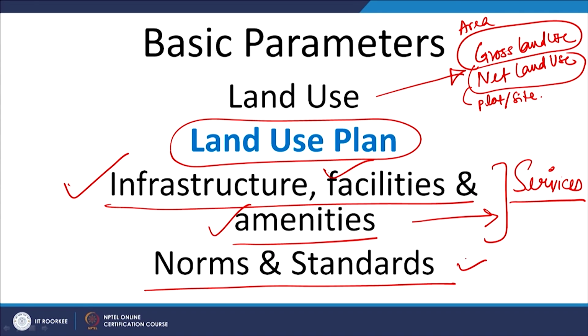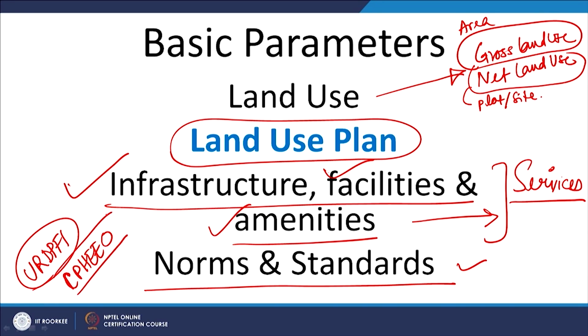Norms and standards in India we have discussed earlier also. We follow URDPFI for the planning standards, public health manuals, CPHEEO manuals, and NBC for building related codes. So, these are the codes, norms and standards which are followed within the planning framework.